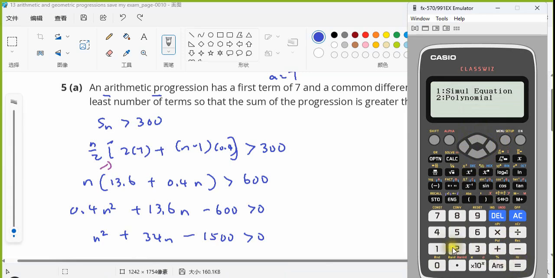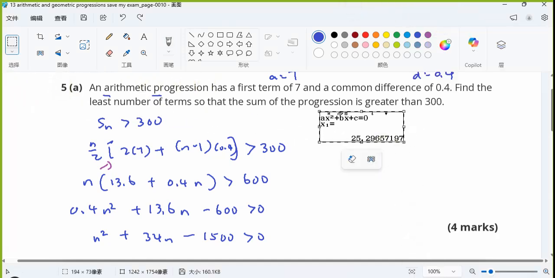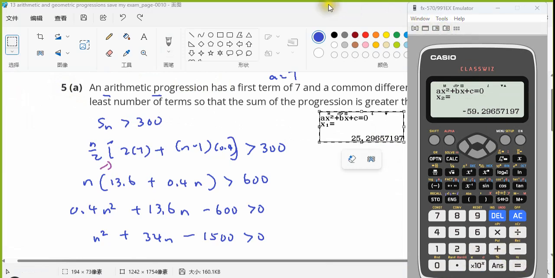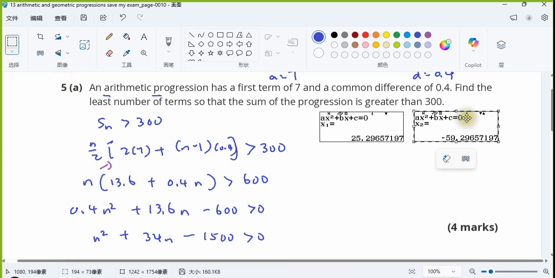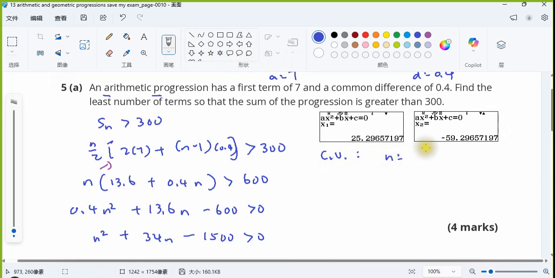Equation, then polynomial degree 2. So 1 n squared, 34n, and negative 1500. Then we have 25.3 and negative 59.3 as the critical values, from n equals negative 34 plus or minus the square root of 34 squared minus 4ac, divided by 2a.